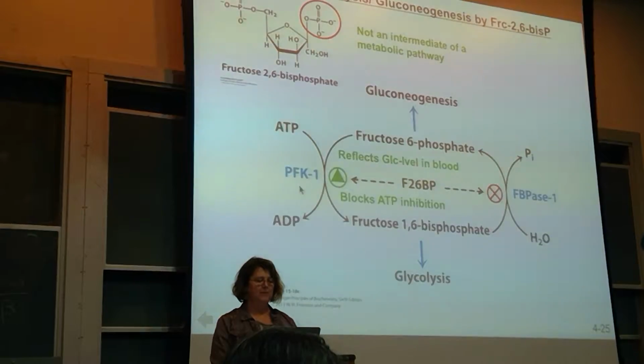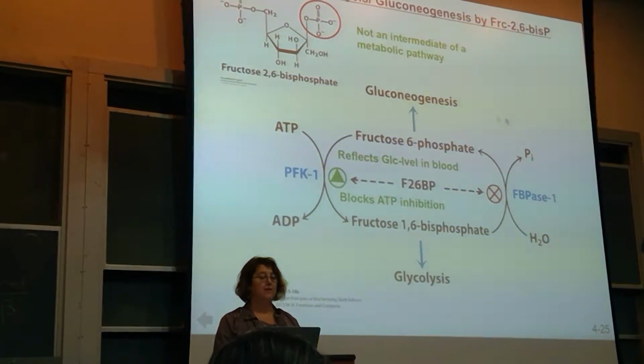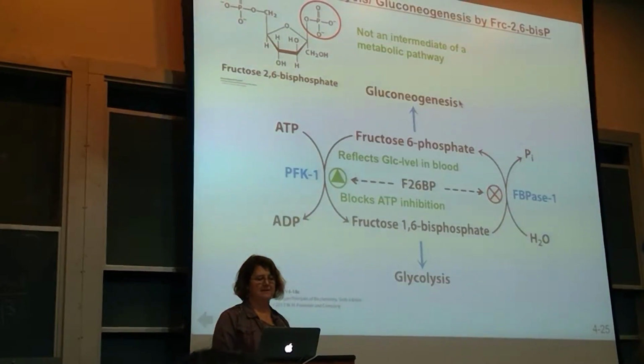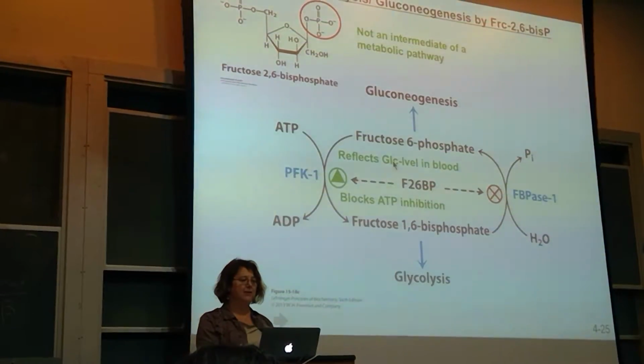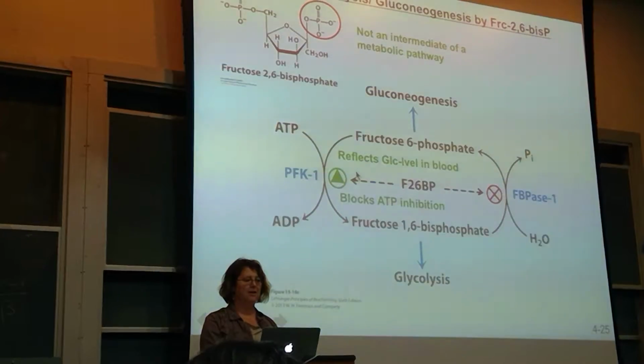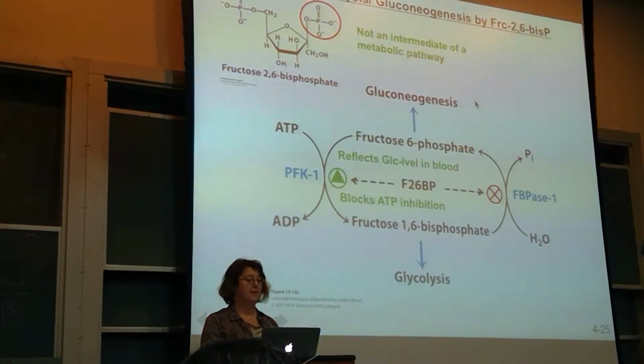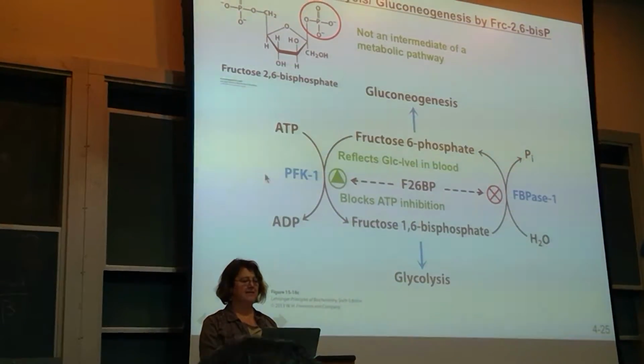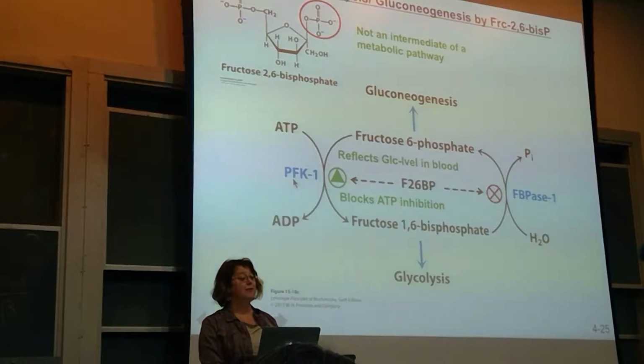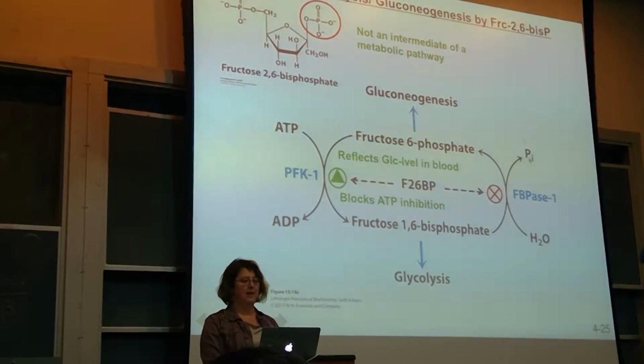So it positively regulates glycolysis, and it negatively regulates gluconeogenesis. So you would expect that when glucose levels in the blood, right, are high, you would have glycolysis, and when they're low, you would want to form glucose, right? So it makes sense that if this is positively regulating to use the glucose for making ATP, that this would be a positive regulator while negatively regulating formation of glucose.